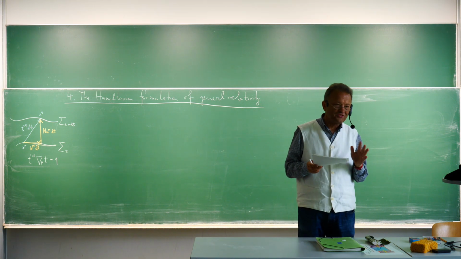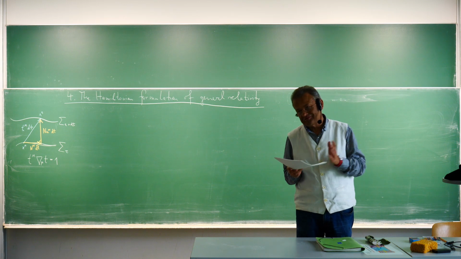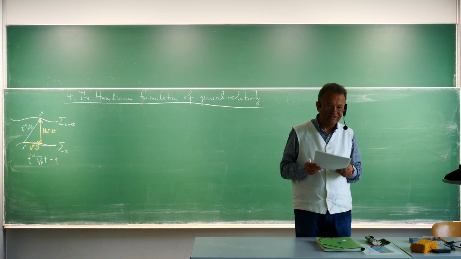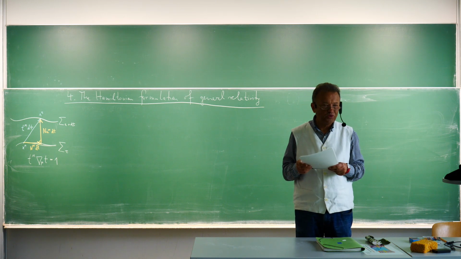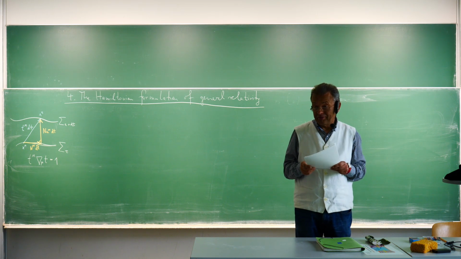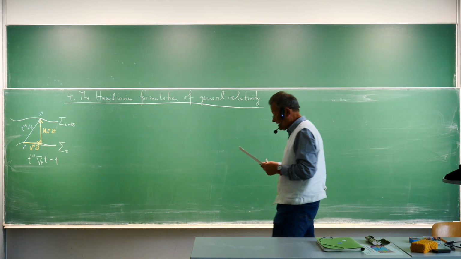Now that's very interesting, but would maybe lead us a bit too far away from the main line. And for those of you who are interested, you can read this in the book or in the original article by Hojman, Kuchař, and Teitelboim.